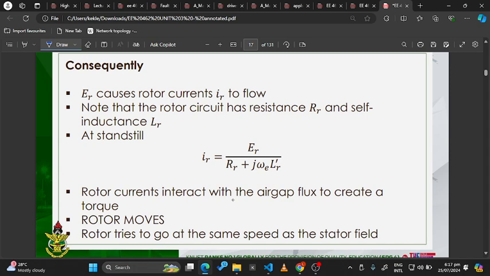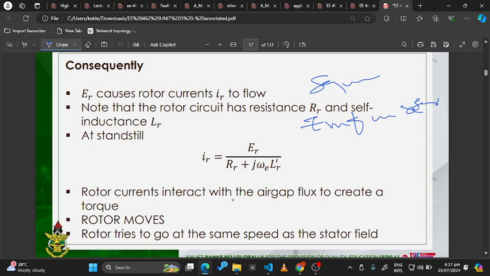Now I told you that we are looking at the squirrel cage motors. So now I have EMF induced in the rotor. Remember the rotor winding bars are short circuited.